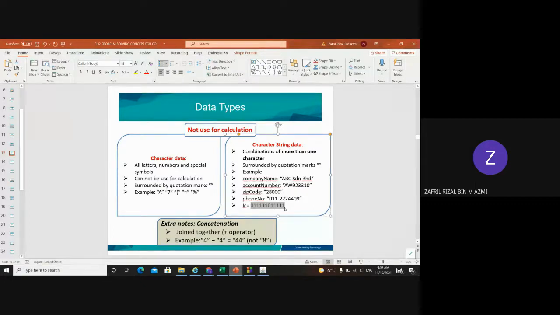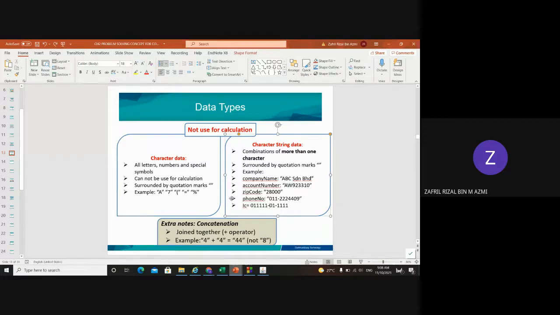Understand, class? Yes, understand, sir. Sir, I have something to ask. Can something be both string and numeric data? Cannot. A computer program is very straightforward.